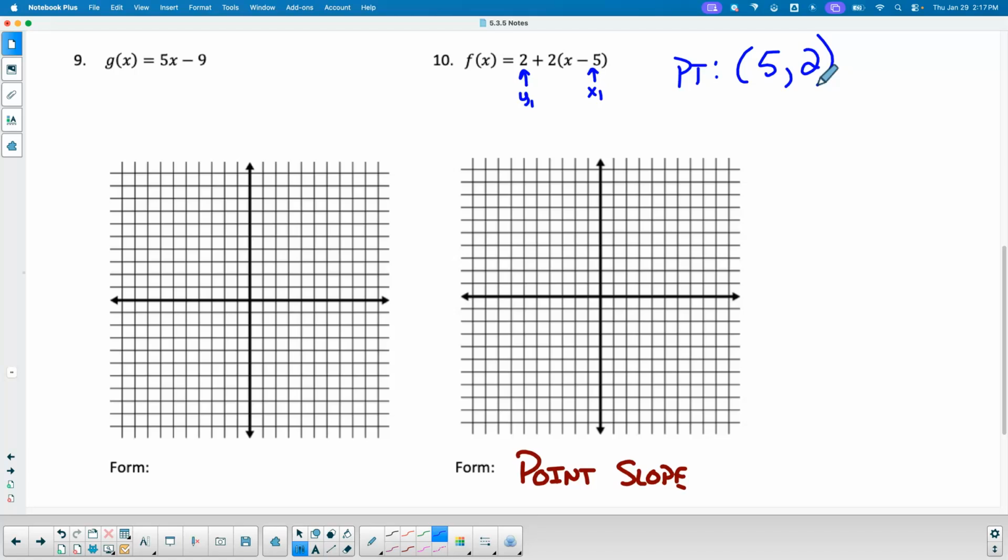Start at the origin. 5 to the right, 1, 2, 3, 4, 5, and 2 up. And so we put our dot right there. Okay. What is the slope then of this line?